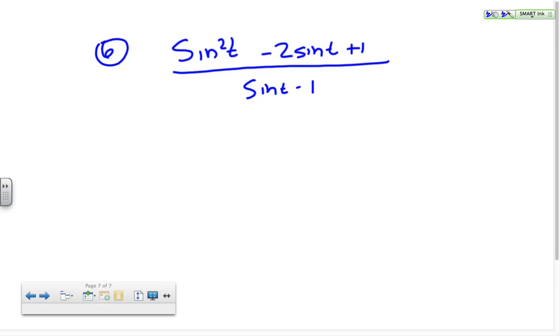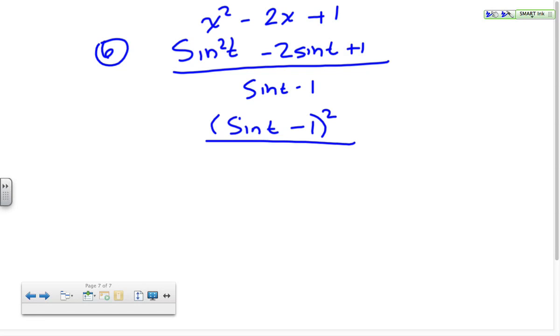Now, if you'll notice, this follows the pattern x squared minus 2x plus 1. If you look at it that way, it's easier to see, which I can then rewrite, using sine t, as sine t minus 1 squared over sine t minus 1.